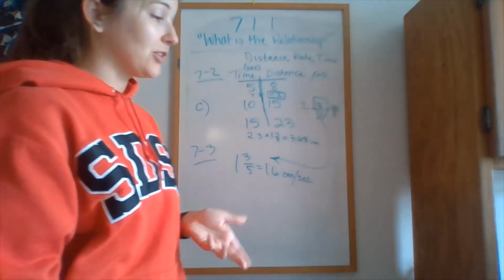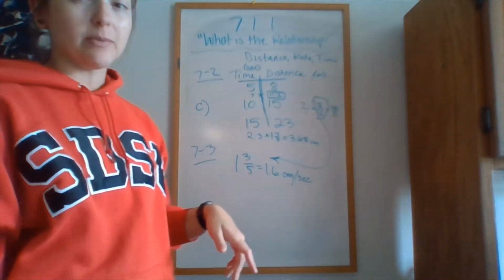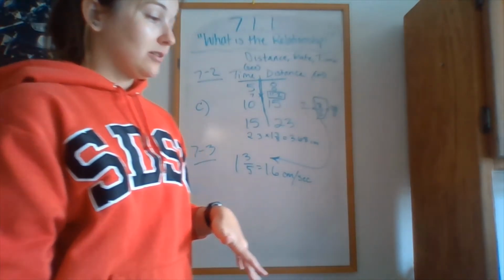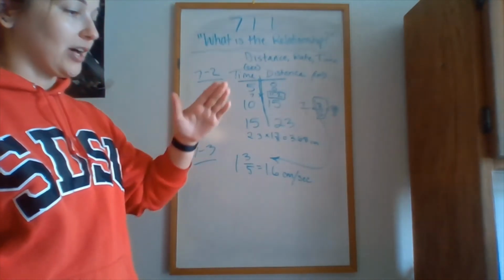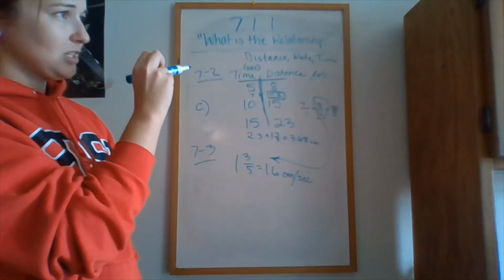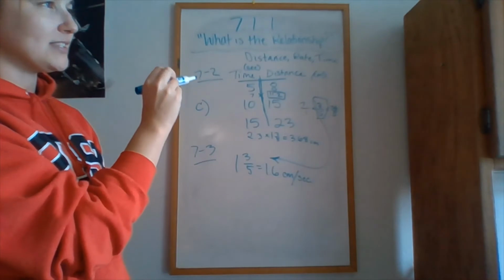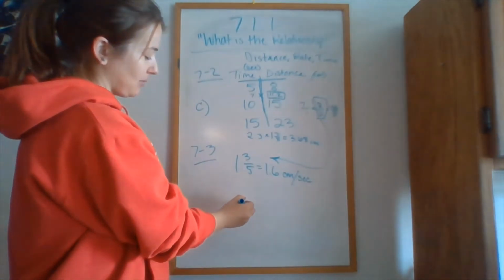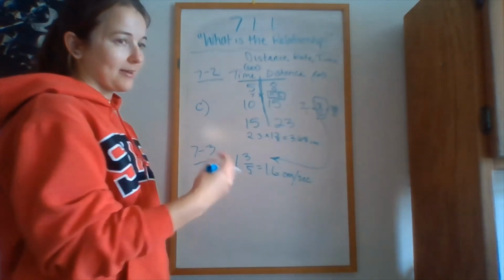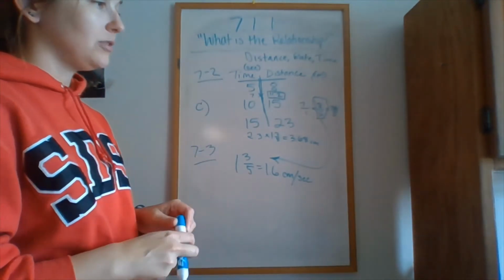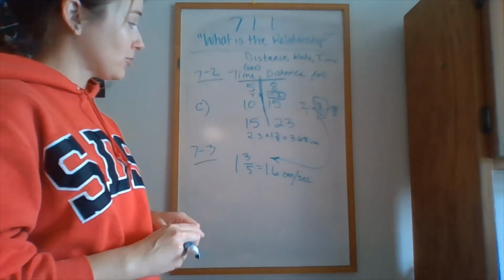And then you can see it on the graph, and I erased my graph already, but we could see it on the graph by looking at the steepness of the line, the 1.6. If you wanted to find 1 second, you would go to 1 second on the y and see about where it was on the x, and it would be about halfway between 1 and 2. Okay, so that's 7-3.